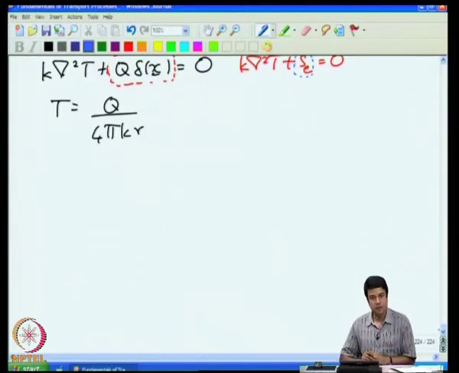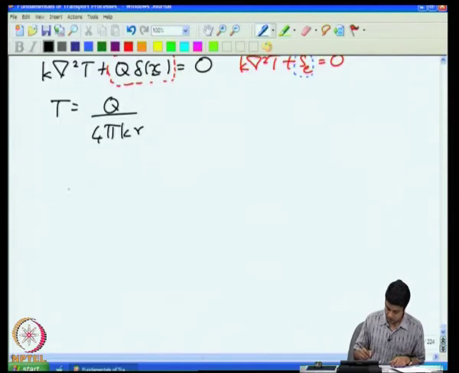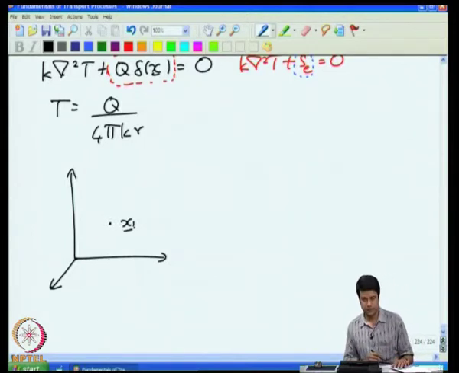This definition can be extended quite easily if I have two sources. If I have, let us say, a source that is not located at the origin, but at some position x1.